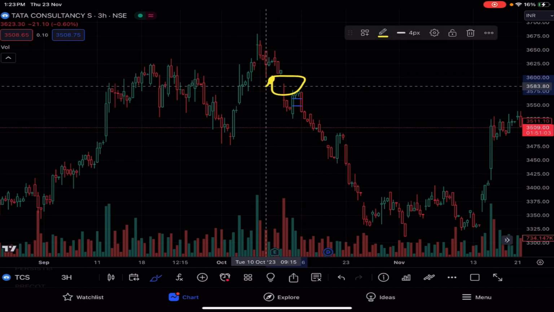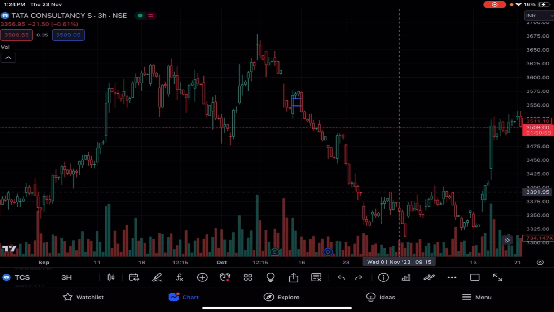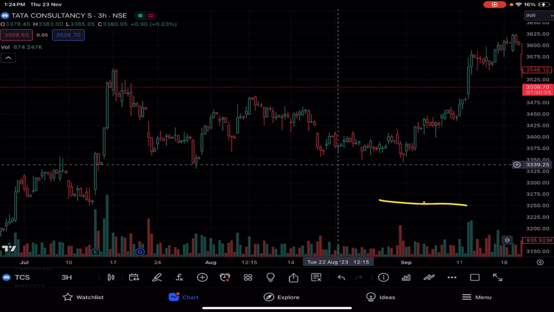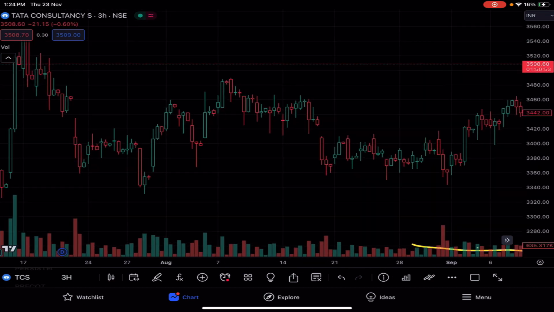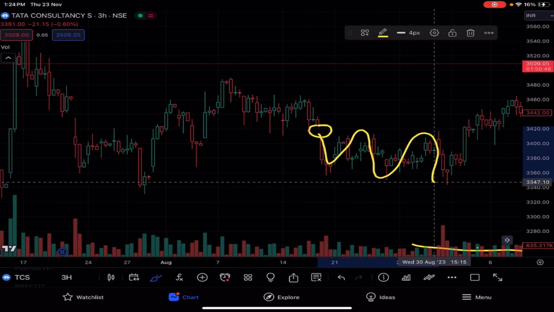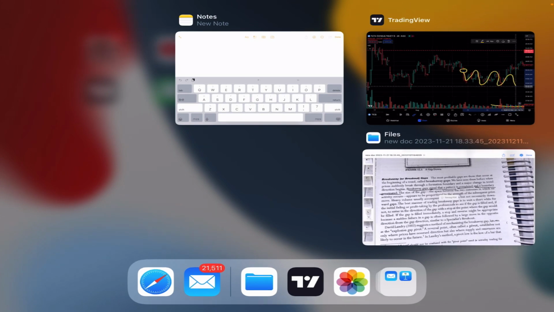Like the gap was so big because of which the trend sustained, right? Whereas now let's find a very small gap. If you look at this here, the gap is not that big, which is why the trend couldn't sustain. So that's what they're talking about, the proportionality.